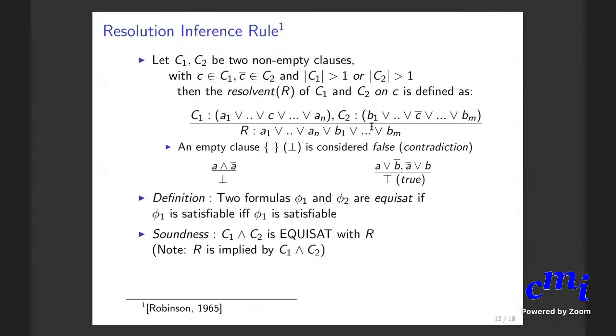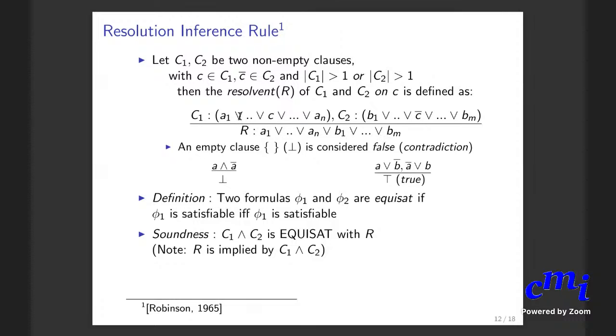And of course, you will have to pick a BJ also, because both of them have to be satisfied. So that is one way to satisfy them, by picking an AI here and a BJ here to be true. But then R will be satisfied, correct? Because the same assignment satisfies R as well.